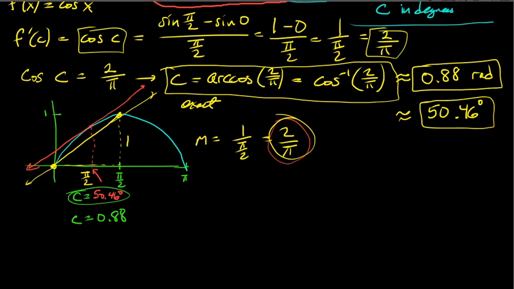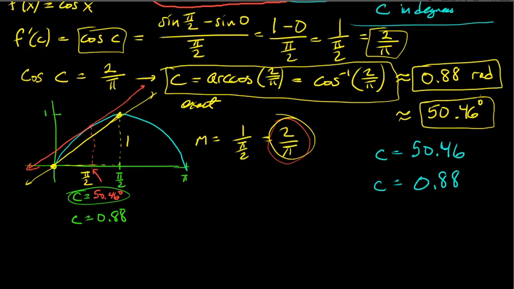I hope whoever you had for pre-calculus or trigonometry warned you that if you answer 50.46, it's wrong, because it's not 50.46, it's 0.88, and there's a big difference between these two numbers. So what's wrong with 50.46?